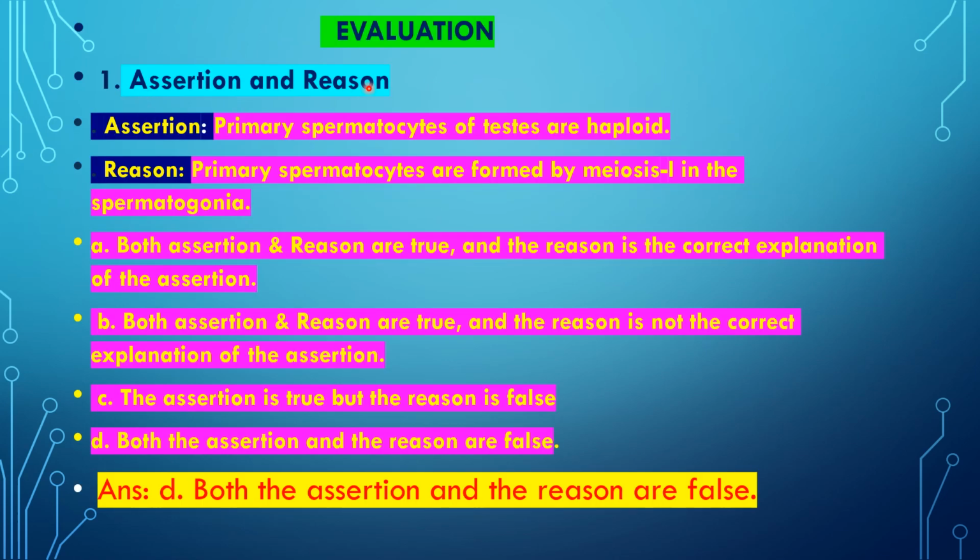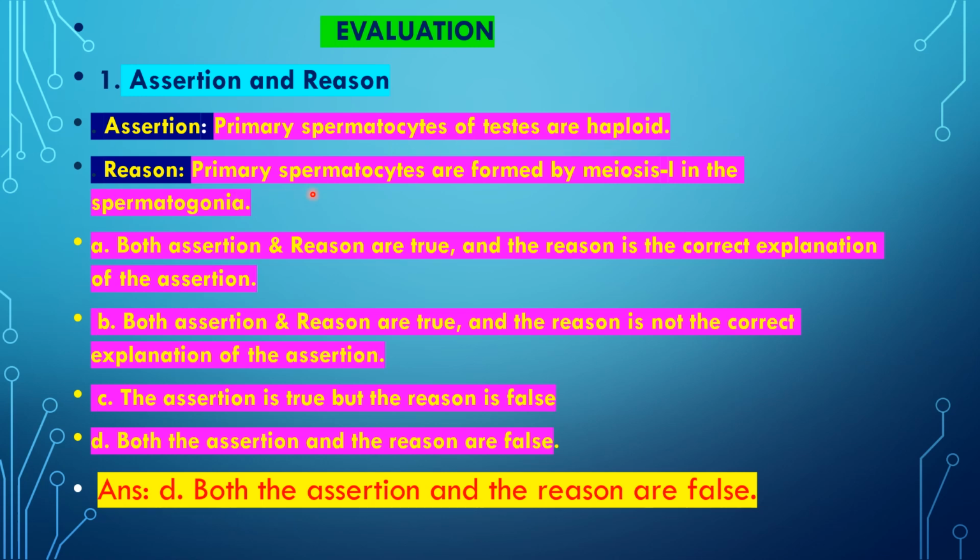That's our question on assertion and reasoning. Assertion: primary spermatocytes of testes are haploid. Reason: primary spermatocytes are formed by meiosis 1 in spermatogonia. See the options given: both assertion A and reason are true, and the reason is the correct explanation of assertion. This is wrong. Why? Because primary spermatocytes are not haploid, they are diploid.